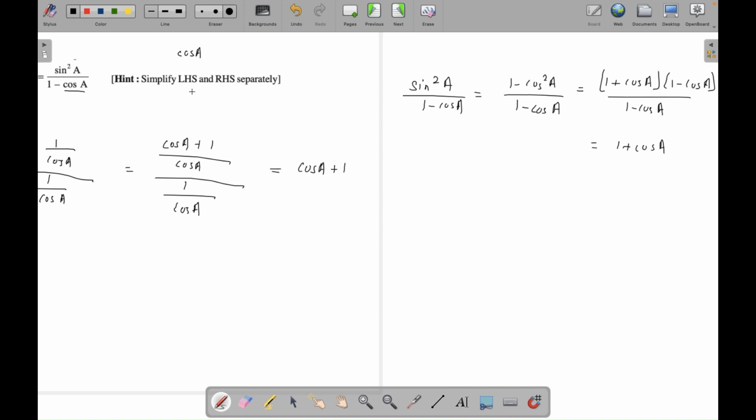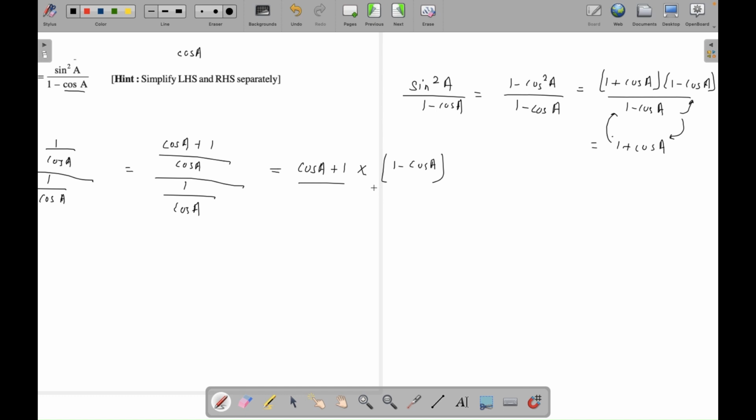Now say if this was not given, and you had to arrive at this answer just using the LHS. What you'll do is simplify the RHS in your rough work. Whatever rough work you do, you'll try to simplify this RHS, and you get this. From here you reached here, so that means you have to reverse this process. So the next step: you had 1 plus cos a already. You'll multiply by 1 minus cos a and divide by 1 minus cos a.